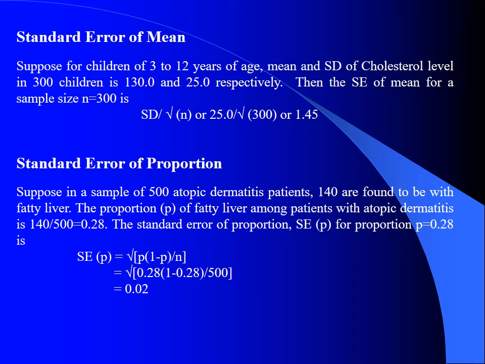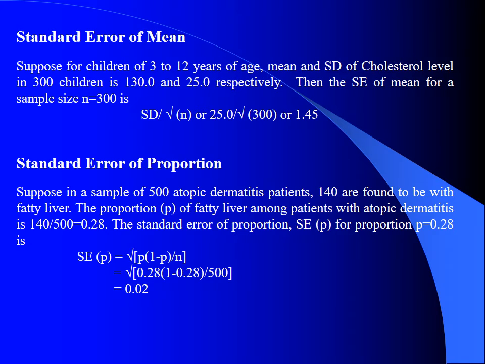Then the standard error of the mean, as per the formula, is sigma divided by the square root of the sample size. So 25 divided by the square root of 300 is 1.45. This is the standard error, a precision we can use to say how close my sample mean is to the population mean.